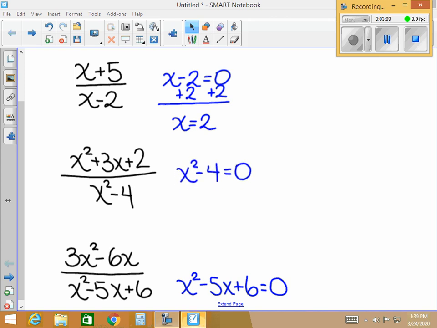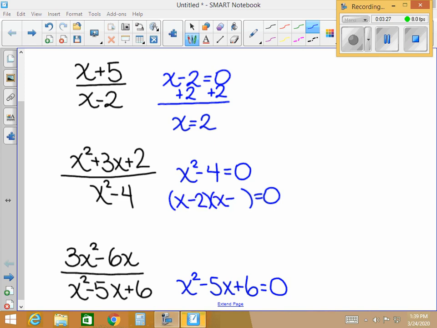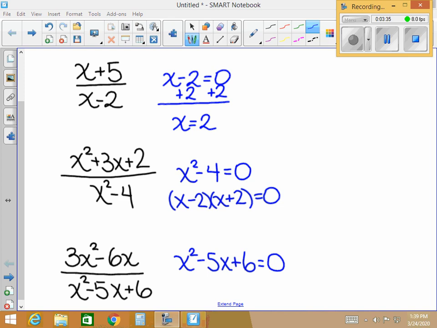If I want to solve x squared minus 4 equals 0 for x, so we just wrapped up the end of the last chapter. If I have x squared in the problem, I have a 0 on the other side, I'm going to factor it if it factors. X squared minus 4 is a difference of two squares that I have to know how to factor. A squared minus b squared, how does that break down?